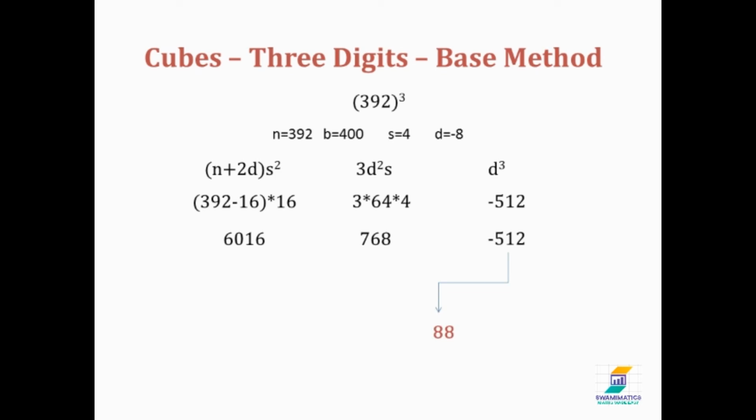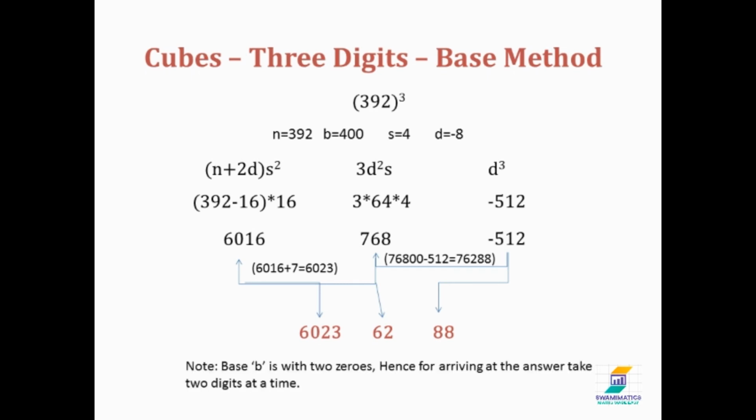As I said earlier, since it is minus, the third term, you need to subtract 512 from the second term, that is 76800 minus 512. So it becomes 76288. So 88 will be your first 2 digits. 62 will be your 100 and 1000th digit. 7 gets added to 6016, resulting in 6023.